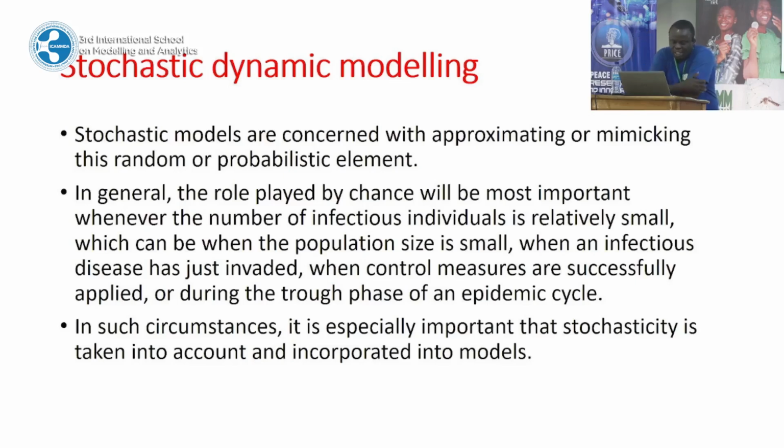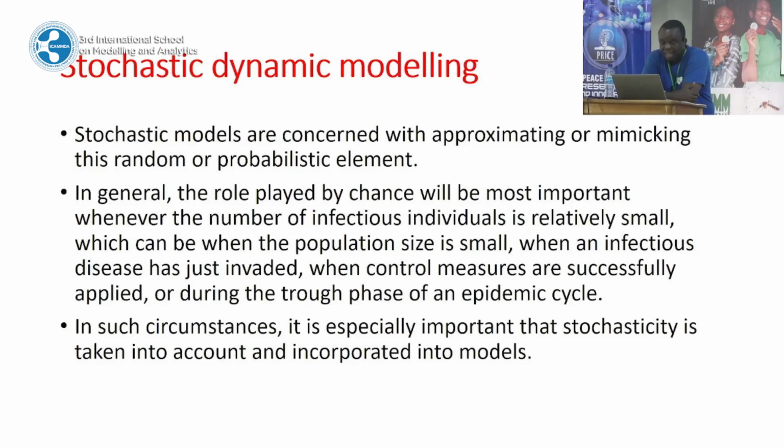So when an infectious disease has just invaded, when control measures are successfully applied, or during the trough phase of an epidemic, that means when the epidemic is going down, the trough, while the peak is when it's high, in such circumstances it is especially important that chance is taken into account and incorporated into your model.